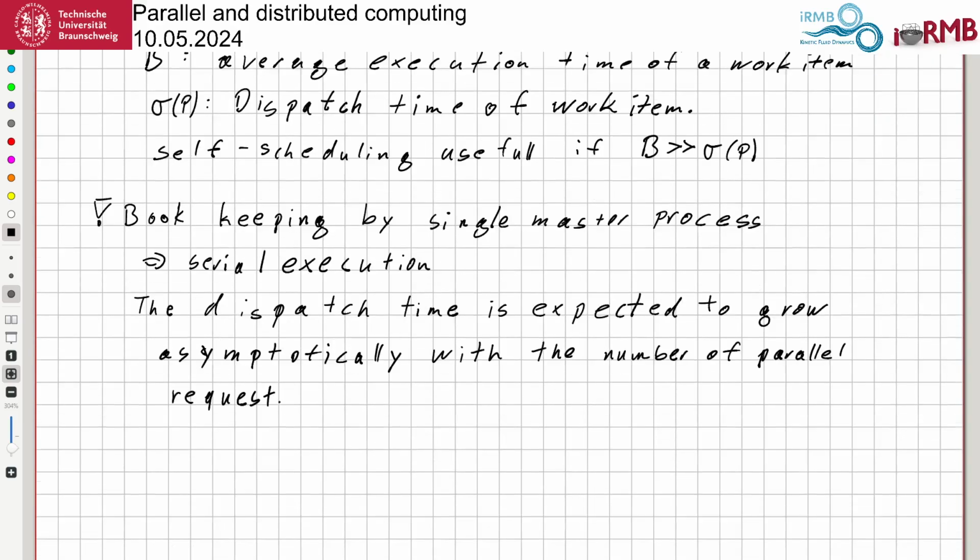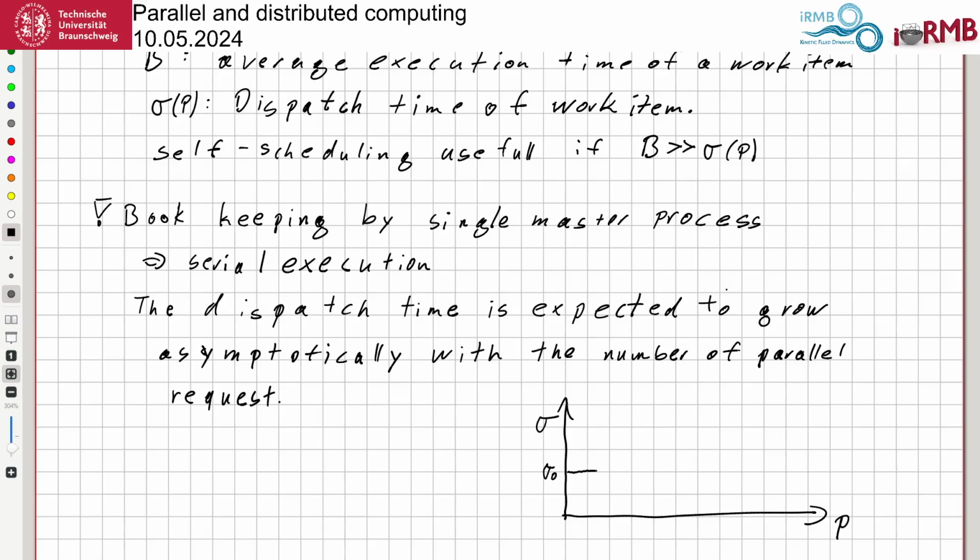You see the behavior, if I may draw a picture, would be like this. Here is the number of parallel processes doing the work, and this is sigma. In the beginning, say there is a dispatch time.